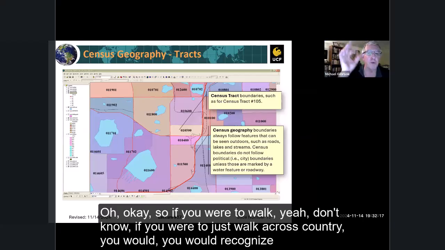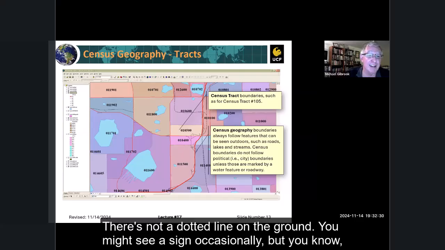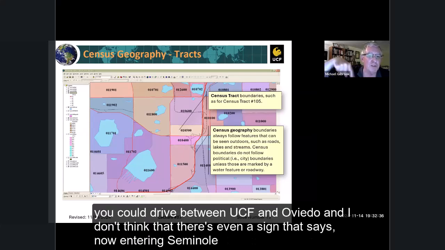If you were to just walk cross country, would you recognize when you crossed from Orange into Seminole County? No, there's no line drawn on the ground. There's not a dotted line on the ground. You might see a sign occasionally, but you could drive between UCF and Oviedo, and I don't think there's even a sign that says now entering Seminole County.